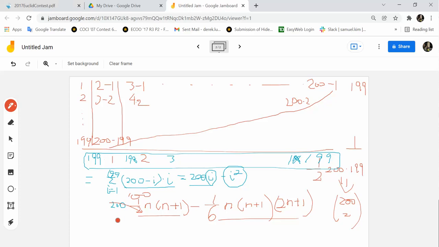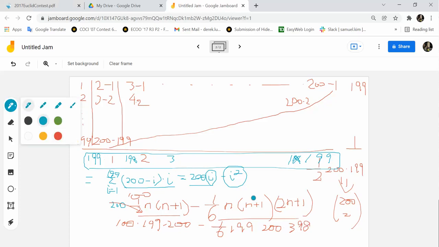Yeah, so the answer should be 100 times 199, right? Times 200. Yeah, minus 199 times 200 times 398, right? 199, 198 plus 1. 199 should be 199.